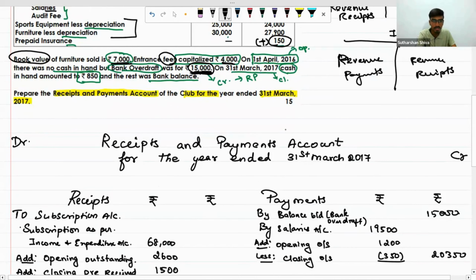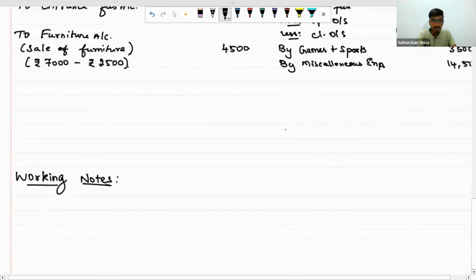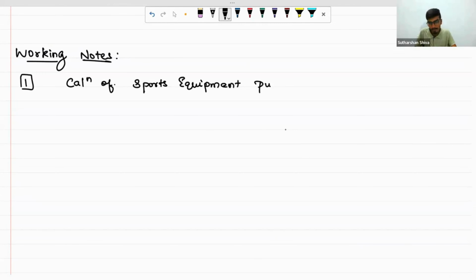So here we are going to prepare a working note. Our first working note is related to the calculation of sports equipment purchased during 2016-17.